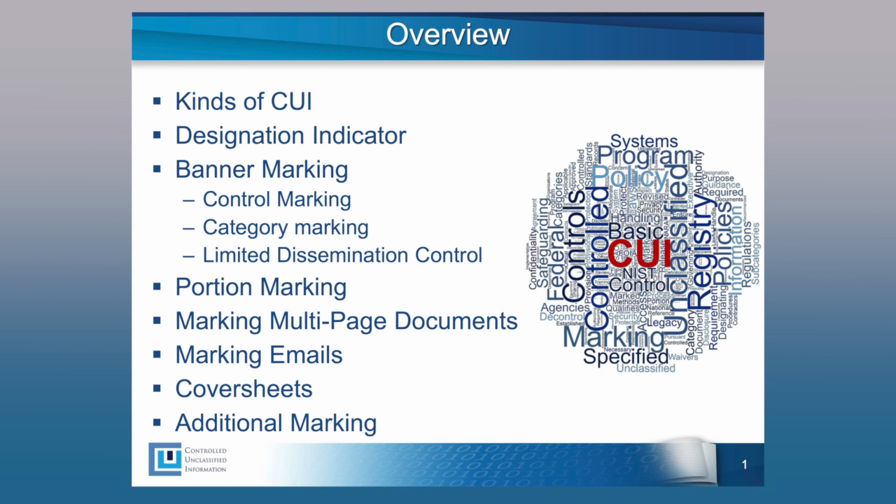I'm also going to address marking multi-page documents, emails, and presentations, using limited dissemination control markings, using approved CUI cover sheets, and marking photographs or video files, and what to do when mailing CUI. Lastly, we will discuss how to identify when CUI has been decontrolled.